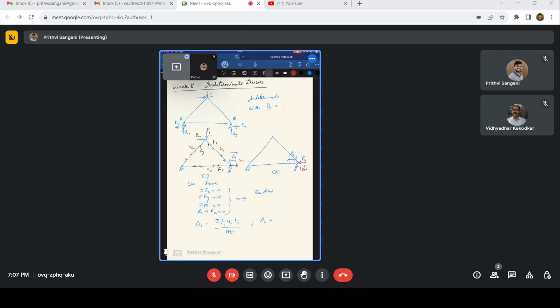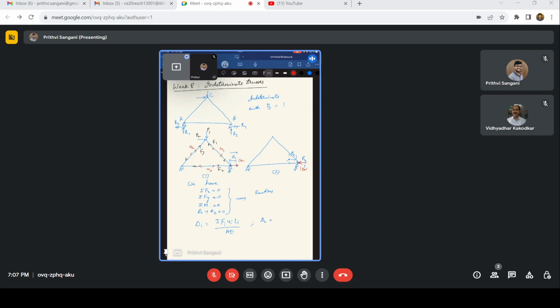So the superposition principle is valid: if you got some delta when applying 1 kilonewton, then when you apply R kilonewton, the displacement will be R times delta.